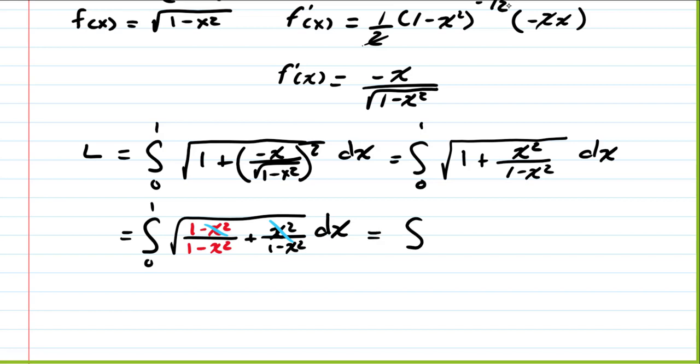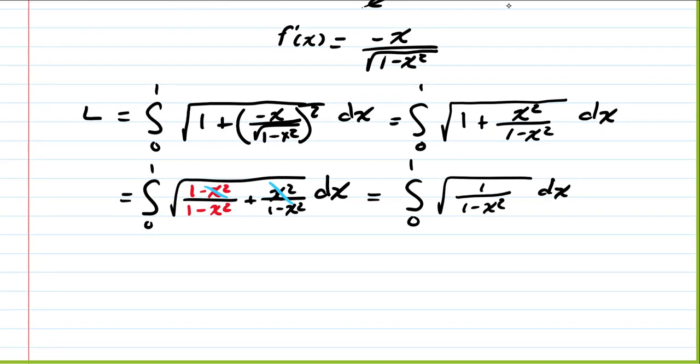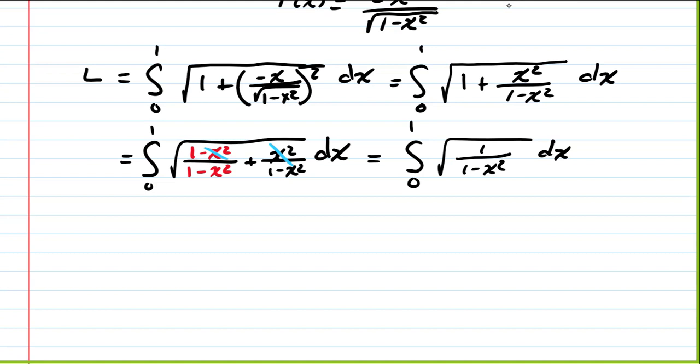And that leaves us with the integral from 0 to 1 of the square root of 1 over 1 minus x squared dx. So then we can simplify that down just a teeny bit more, because the square root of 1 is 1. And then we have the square root of 1 minus x squared dx.